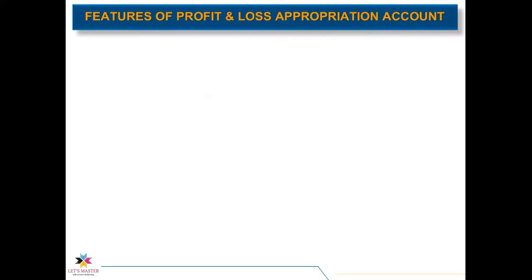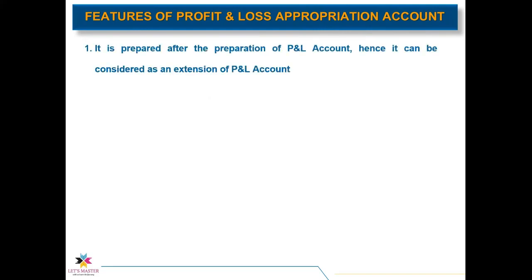Now, we spoke a lot about profit and loss appropriation account, the account which is prepared to show the distribution of profit and losses. So let's talk about some of the features of profit and loss appropriation account. The first one is it is prepared after preparation of profit and loss account. Hence, it can be considered as an extension of profit and loss account.